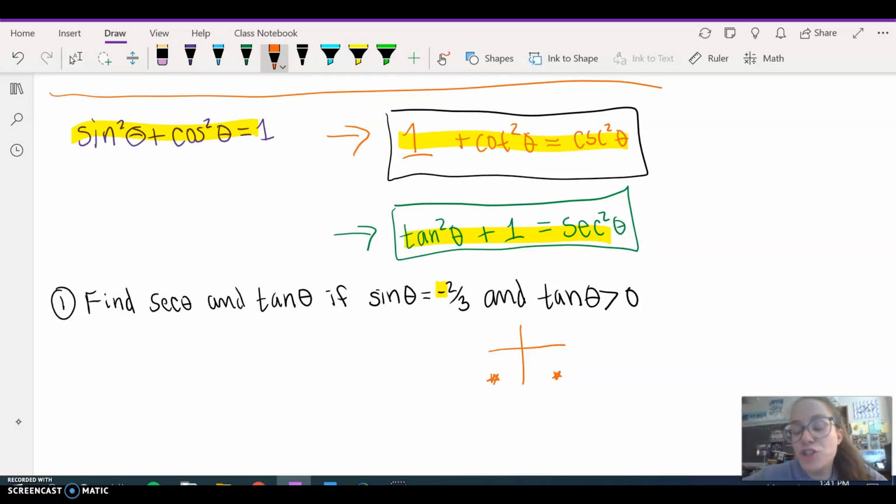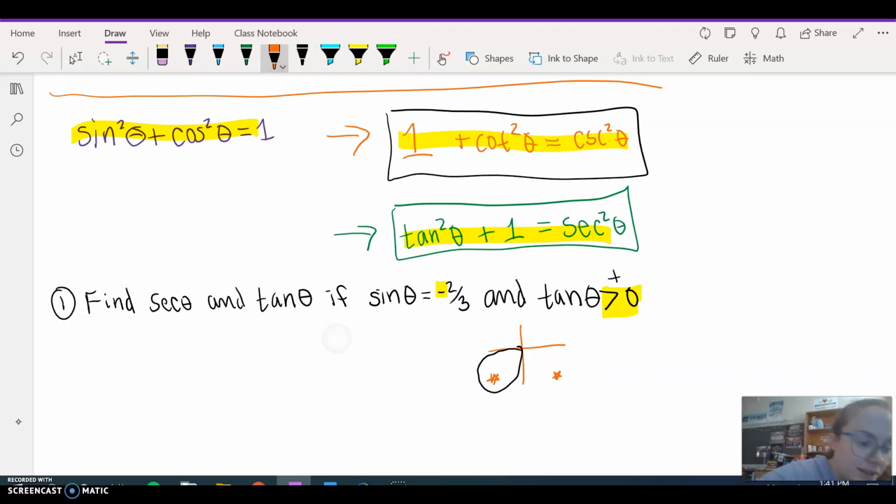But since tangent is greater than 0, that means it's positive. That right there tells me that I am in the 3rd quadrant because tangent is only positive in the 1st and 3rd quadrants. So that's where I'm going to be able to figure out if secant is positive or negative or tangent is positive or negative. Well, we know tangent is positive.